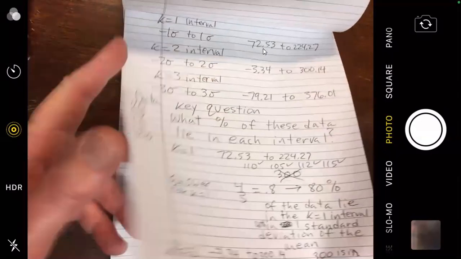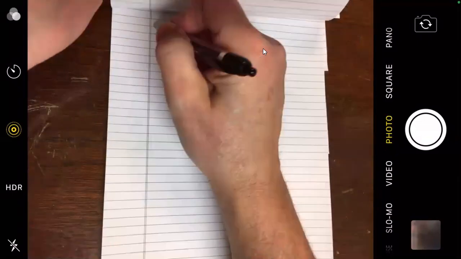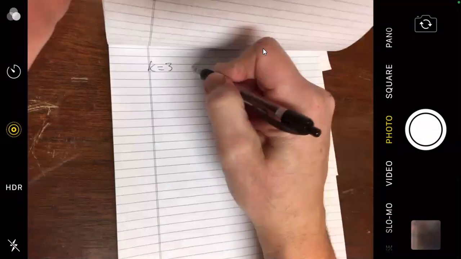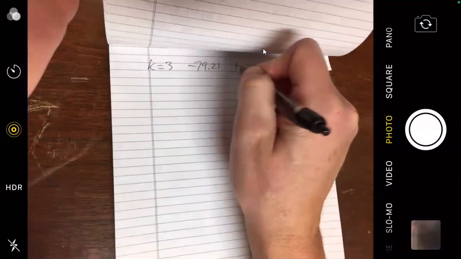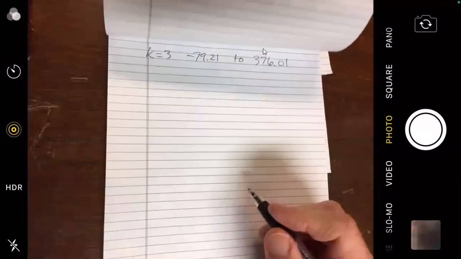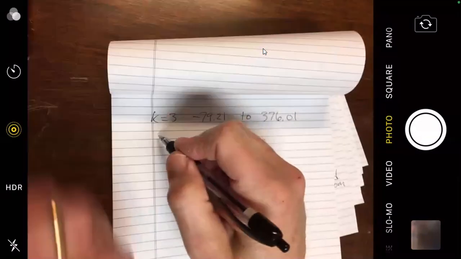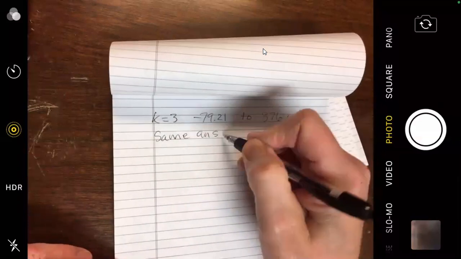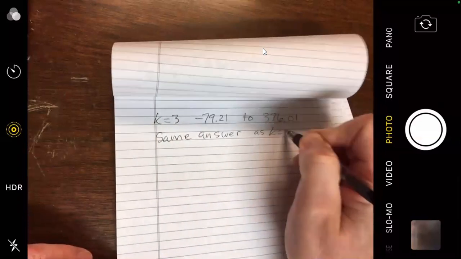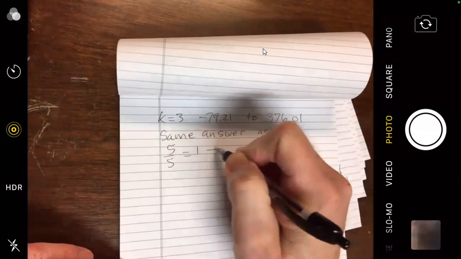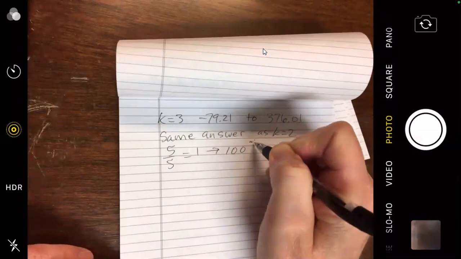So the same answer for k equal 3, which went from negative 79.21 to 376.01: it's 5 out of 5, which is 1, which is 100% of the data.